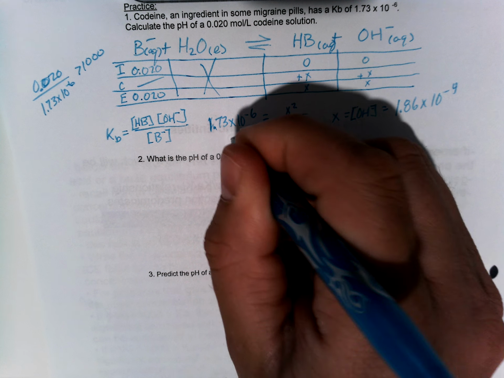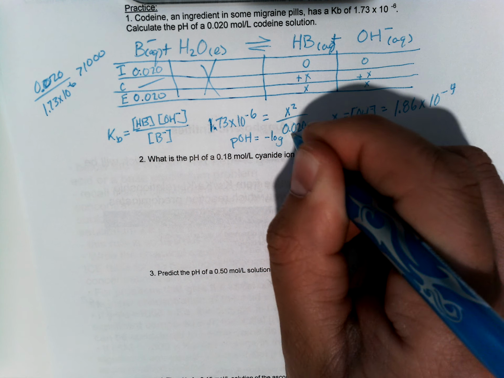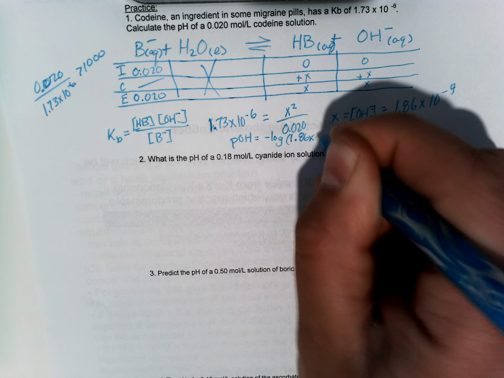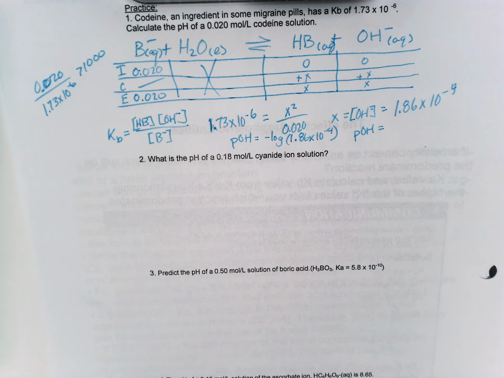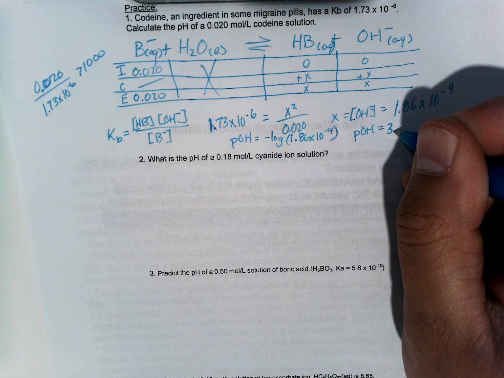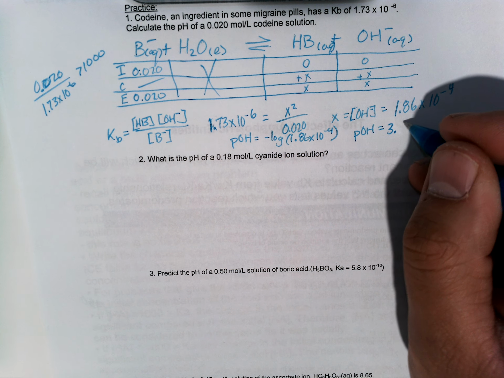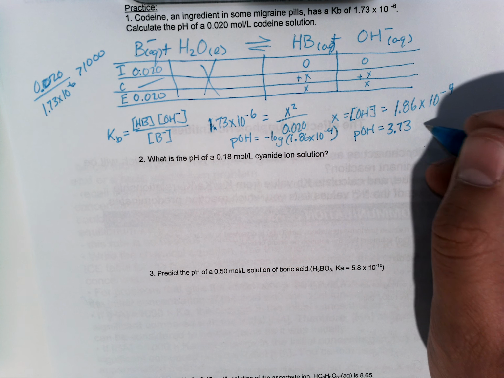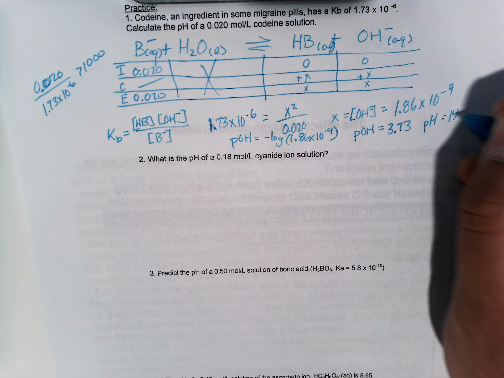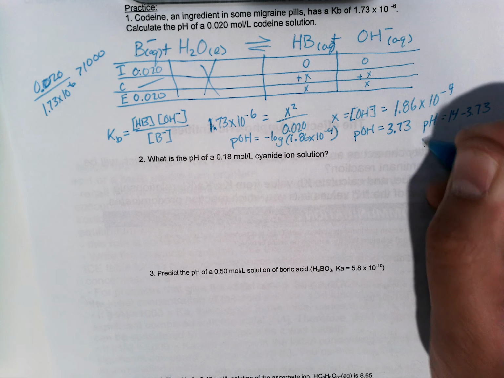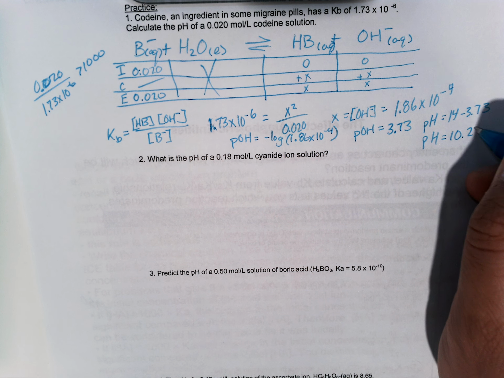Okay, now I can find my pOH, which is going to be negative log of this concentration, so 1.86 times 10 to the minus 4. So my pOH is equal to 3.73, with significant digits of 2, and then my pH will equal 14 minus 3.73, so pH will equal 10.27.